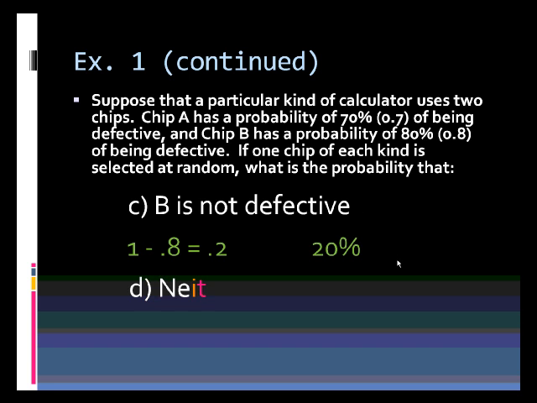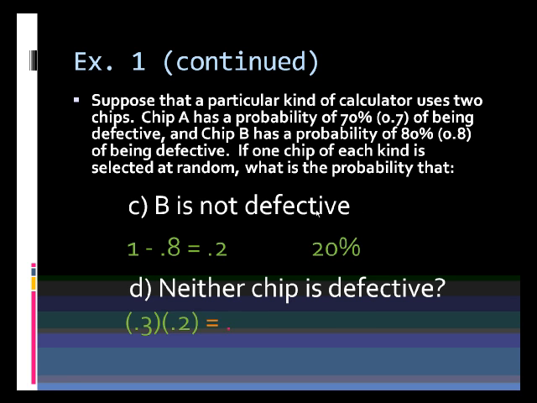What about neither chip is defective? Neither chip is defective. Okay, we are going to multiply, and I hear some of you on the right track. What are we going to multiply? Good. 30% and 20%, 0.3 and 0.2. And what do we get when we do that? 6%.